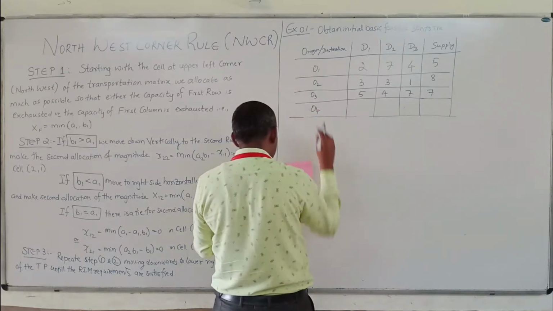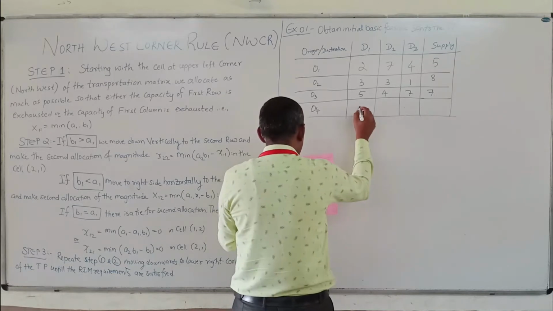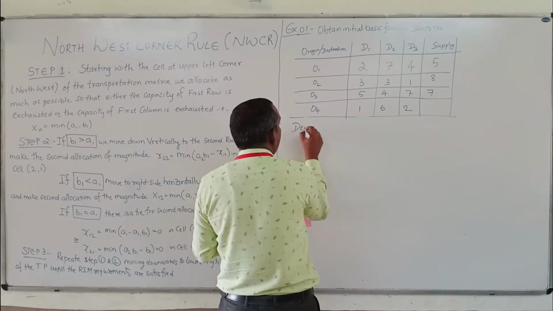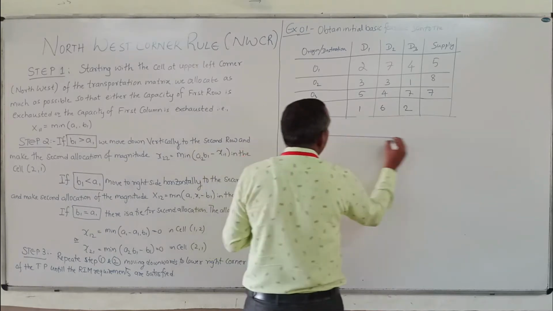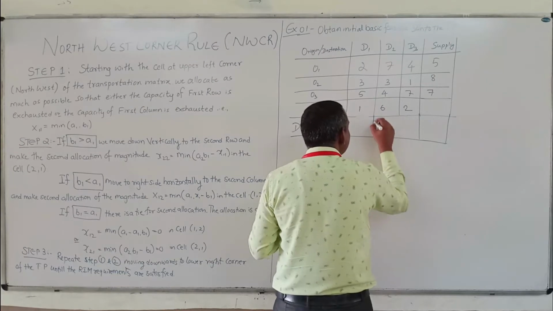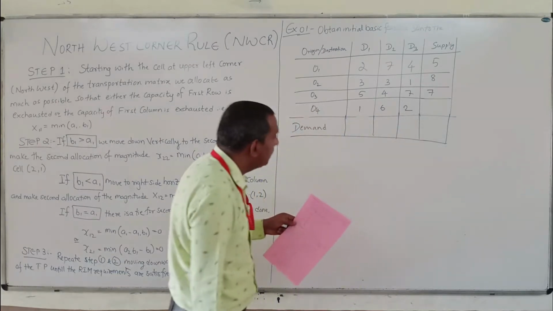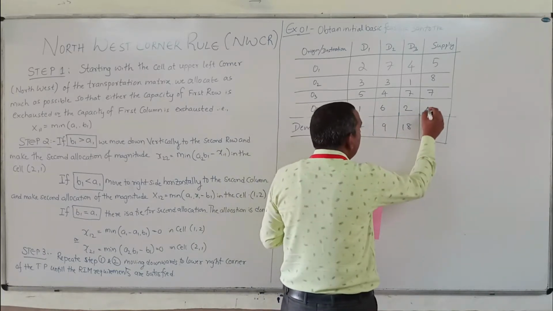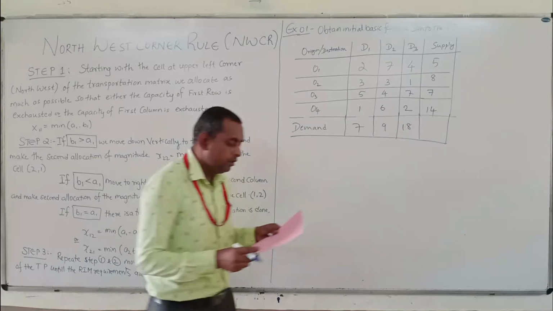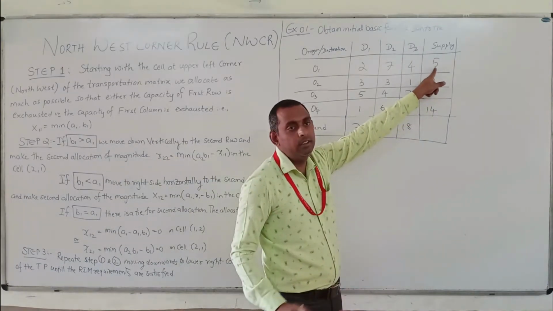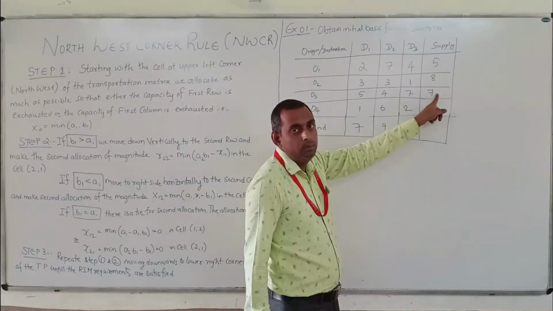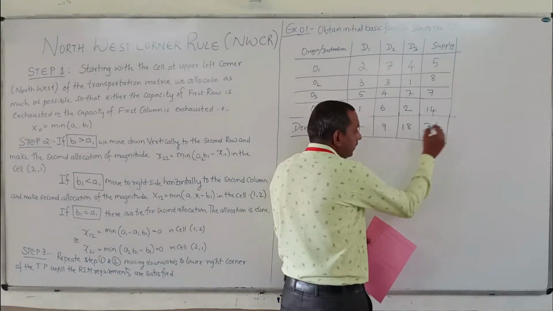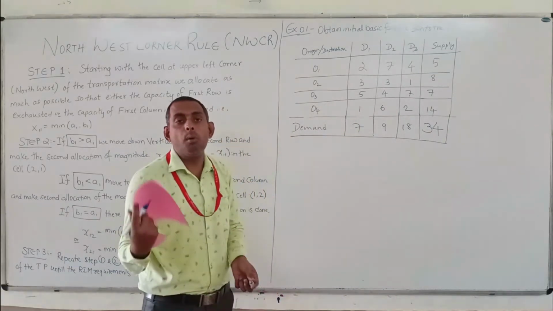That is 0, 4, that is 1, 6, 2 followed by demand 7, 9, 18 followed by this 14. Fine. So how much is it? 5 plus 8 is 13, plus 7 is 20, plus 14, that is 34. So this is what the problem is.